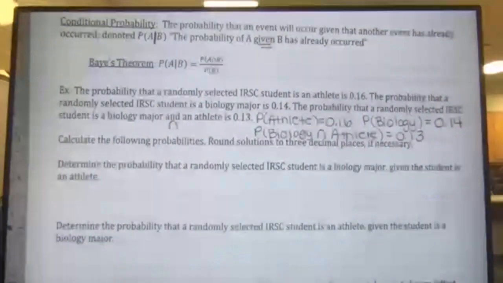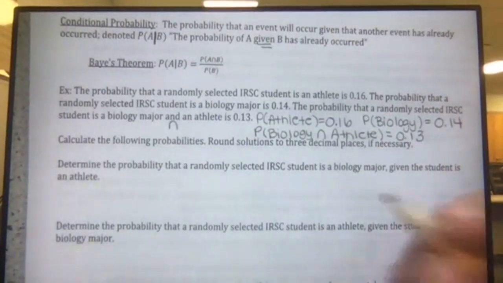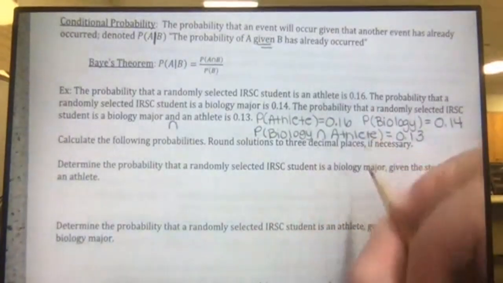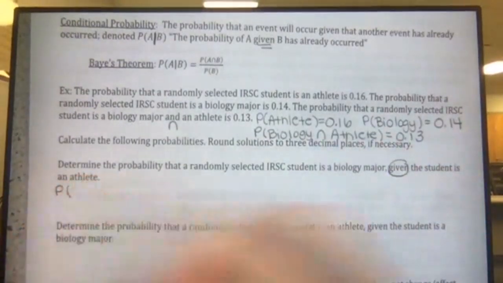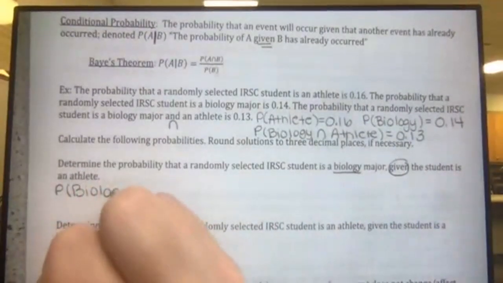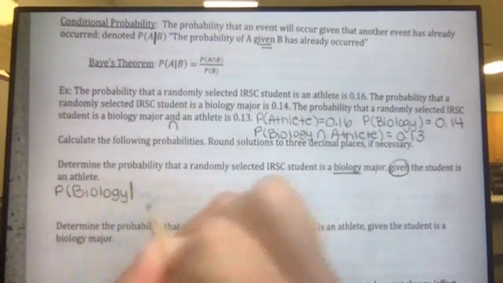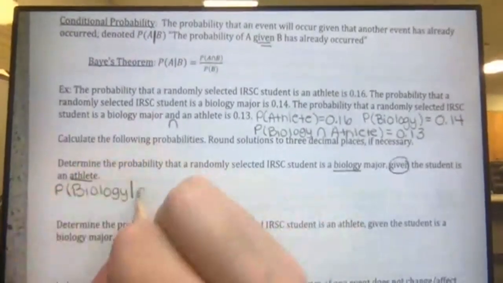The question asks us to calculate the following probabilities, round to 3 decimal places if needed. So determine the probability that a randomly selected IRSC student is a biology major given that the student is an athlete. So probability, that word given is important. Probability that it's a biology major given, so given's our vertical bar, that the student is an athlete. So given athlete.